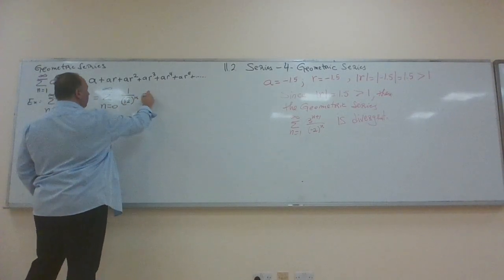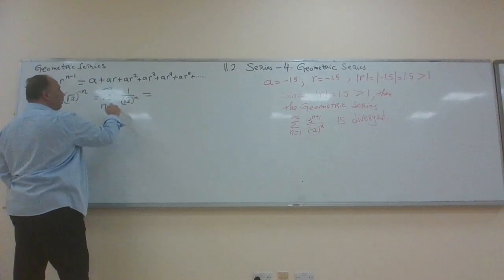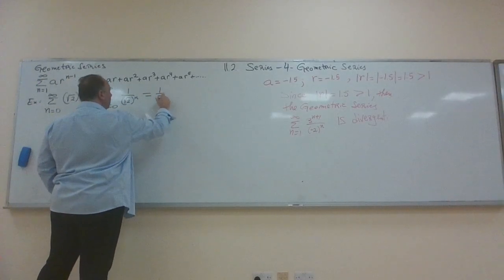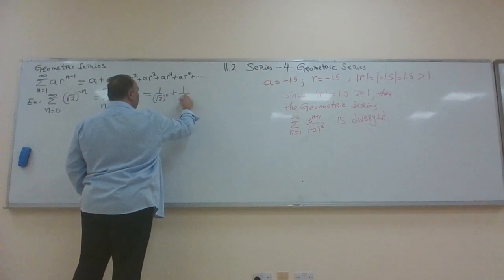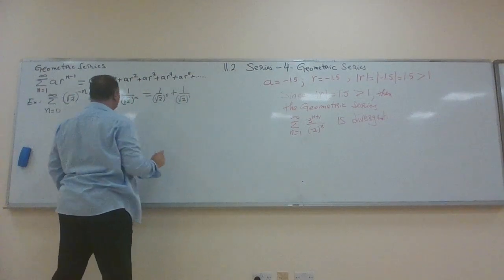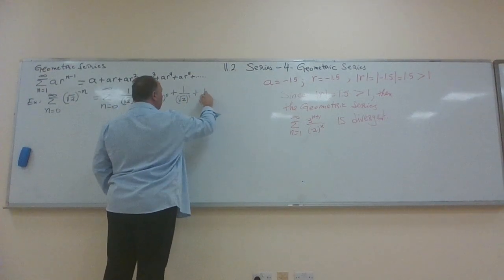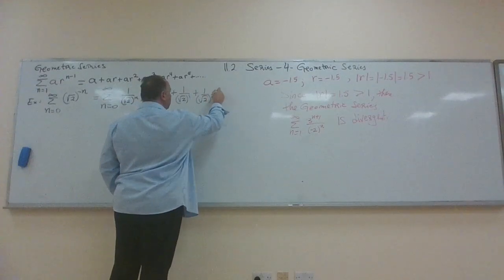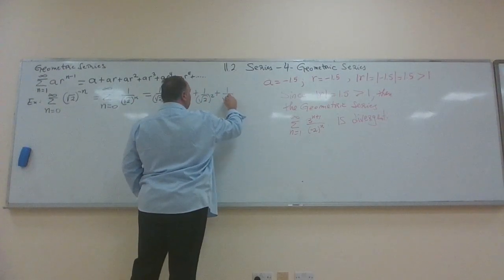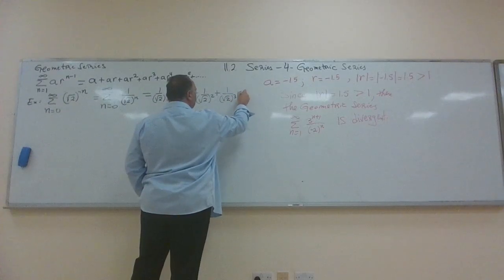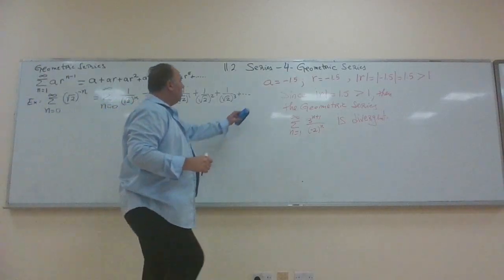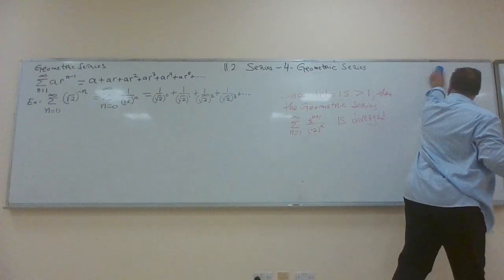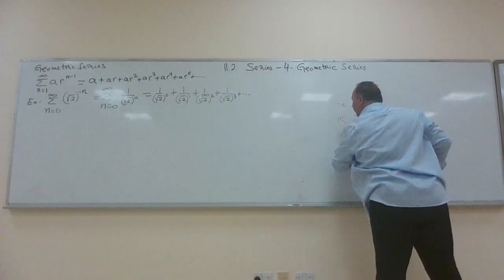So now if I write it out, when n is 0, I have 1 over radical 2 to power 0 plus 1 over radical 2 to power 1 plus 1 over radical 2 to power 2. So just write a couple of terms. Okay, so let's erase this. No need anymore.